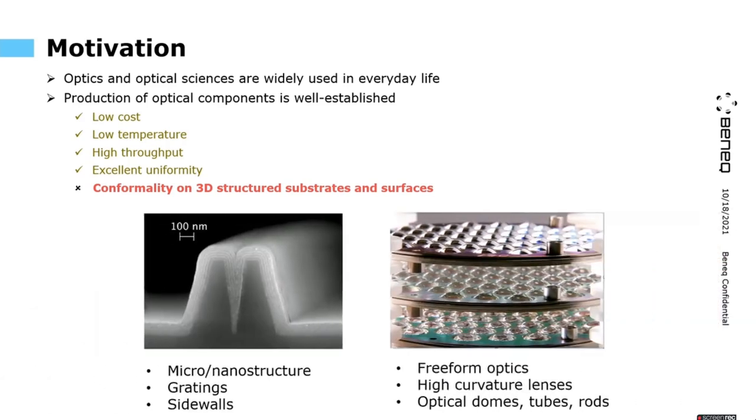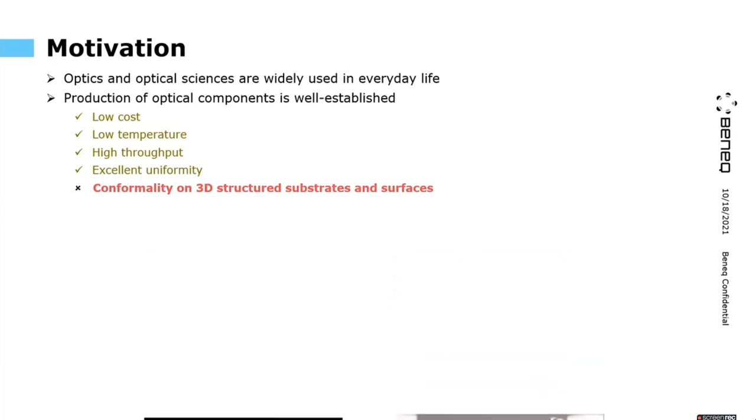If we look at this by means of applications or examples, we talk about different types of micro and nanostructures, gratings, sidewalls, free-form optics, high curvature lenses, optical domes, tubes, and rods. All these types of shapes are somewhat difficult to deposit with existing or more conventional thin film deposition methods.